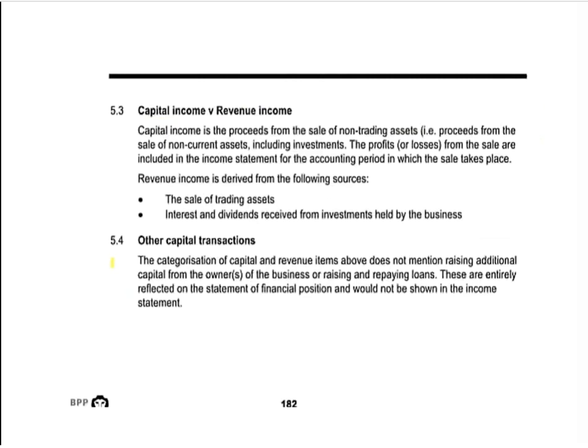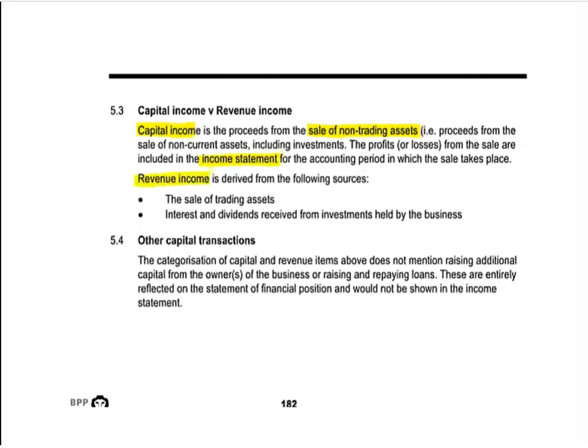We've talked about expenditure, so let's just think for a moment about income. Capital income then is if you sell one of your non-trading assets, so an investment or a piece of machinery, the delivery van, something like that. Any profits or losses on disposal will be taken to the income statement in the year in which the sale takes place.